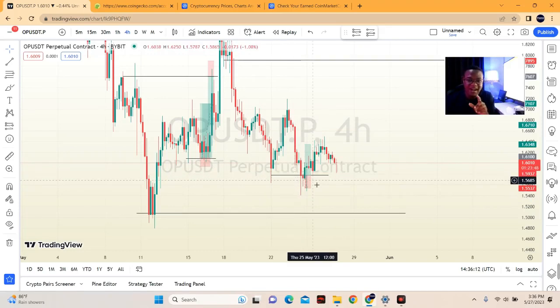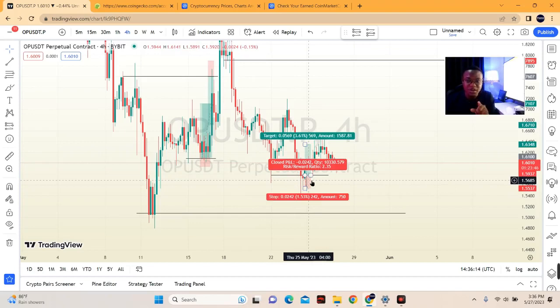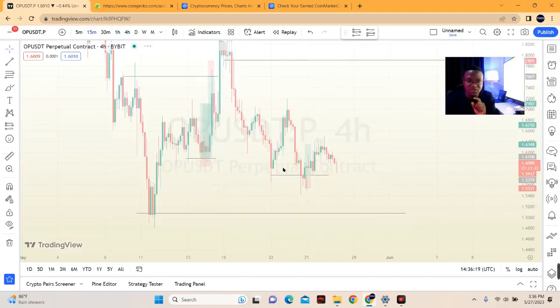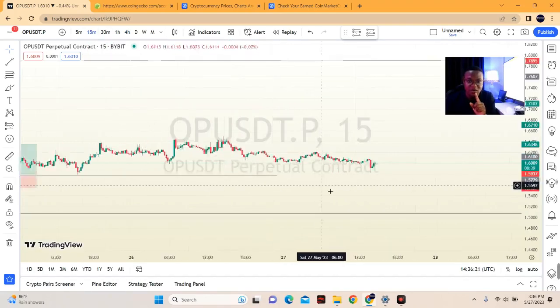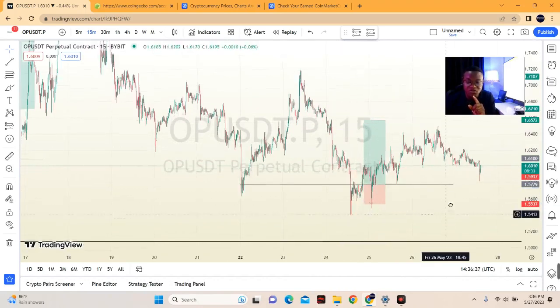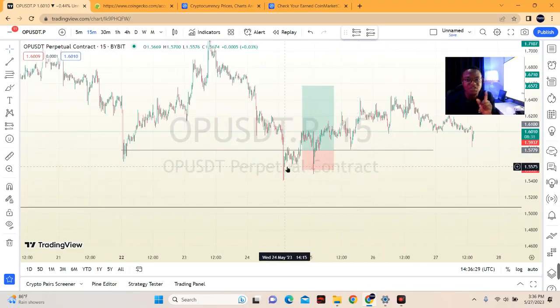But what affected it is what we call the Bitcoin correlation strategy. Now, when I saw that price, I saw this market at this particular place, so I put this analysis because I know that it's supposed to react to it. But then I did not long, because I needed to go and confirm this entry using my Bitcoin strategy.